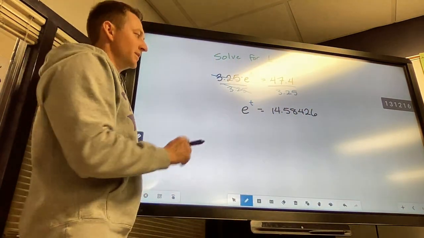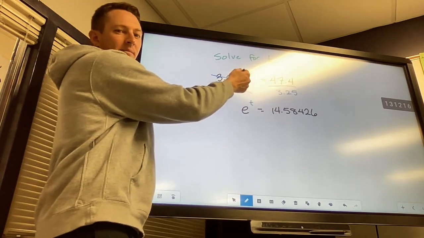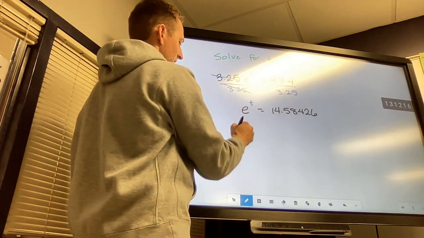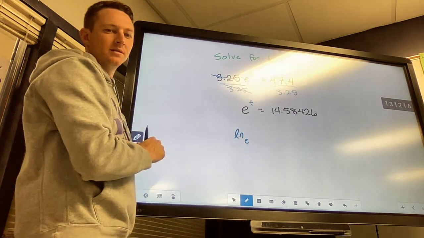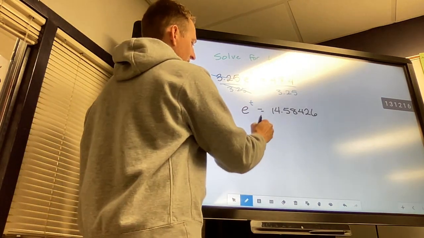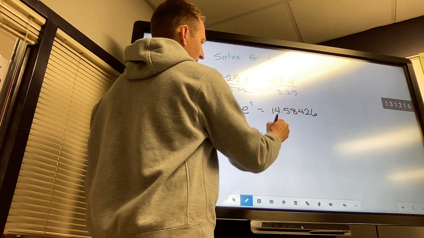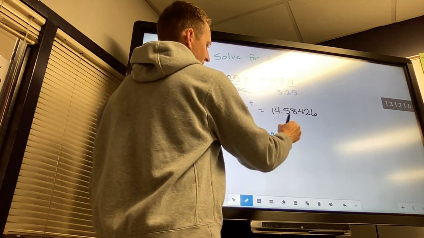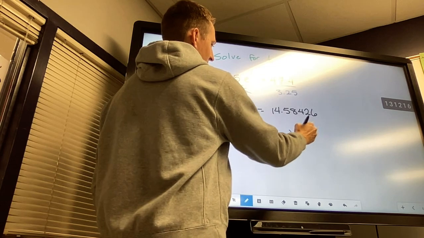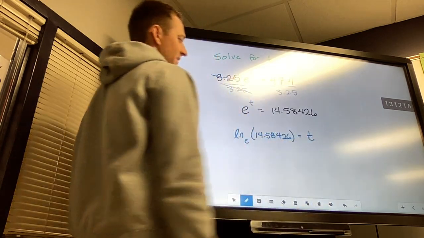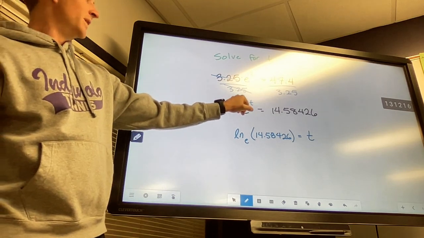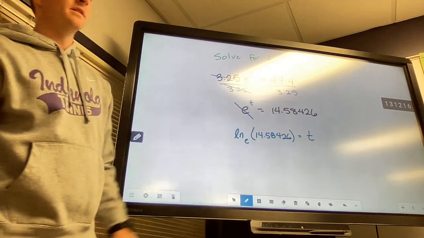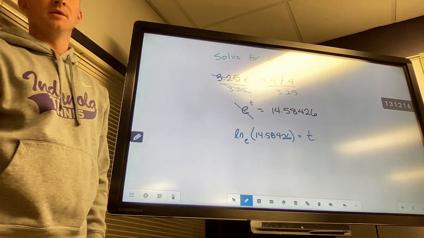So what we're going to do to cancel this e and get t by itself is take the natural log of 14.58426, and that's going to equal our t. So by taking the natural log, we are canceling out the e on the left side. That's basically what we're doing.